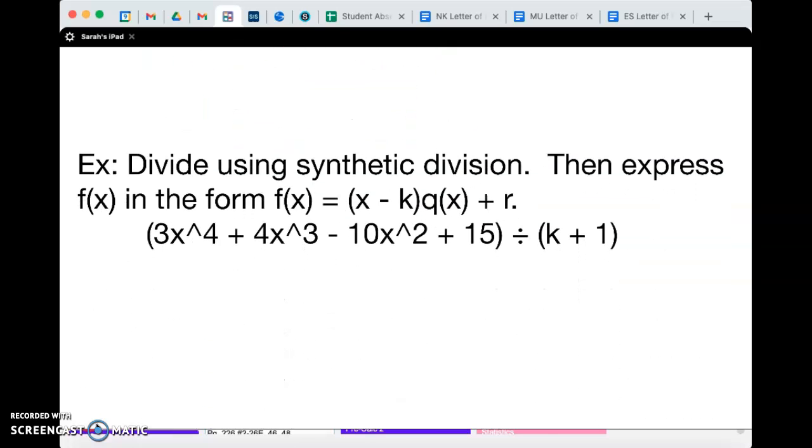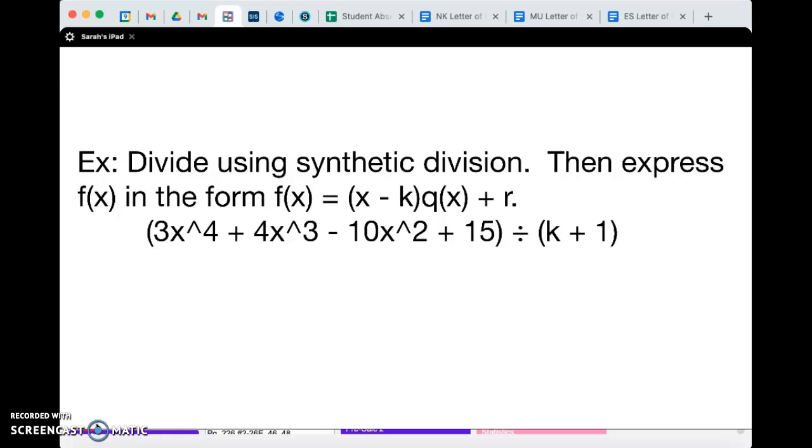Last one. They'll ask you to write in a specific form. So basically they want you to use the division algorithm and write it in this form, as the product with the sum of the remainder, if there is a remainder anyways. So doing the exact same thing, we're just going to write our thing differently.